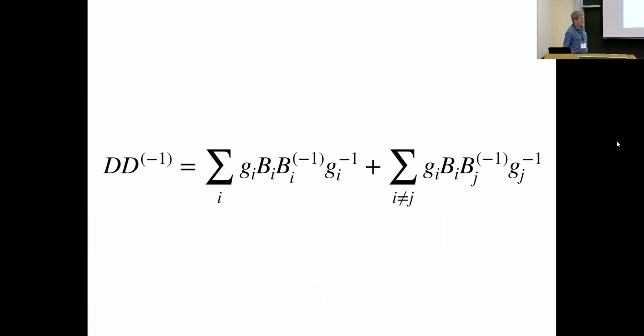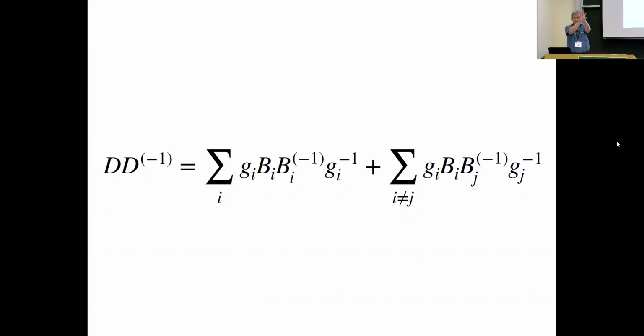If you are working in the group ring, and this is one of the standard ways that people in difference sets work, that D is that union of G sub i, B sub i, and we want to do D times D inverse. And so you can break that sum up into the internal differences and the external differences. What I mean by that is you're going to have some G sub i, B sub i's that match up with G sub i, B sub i's here.